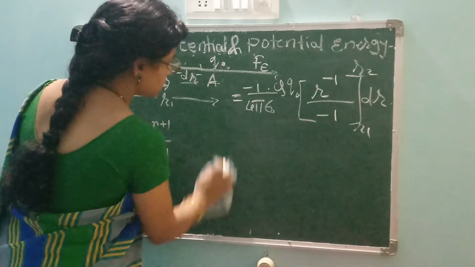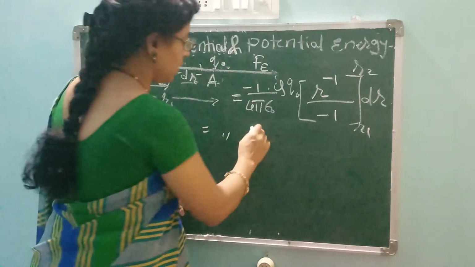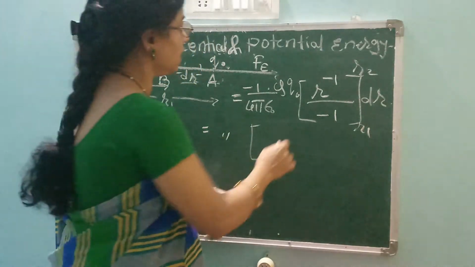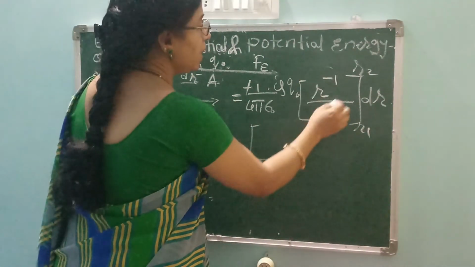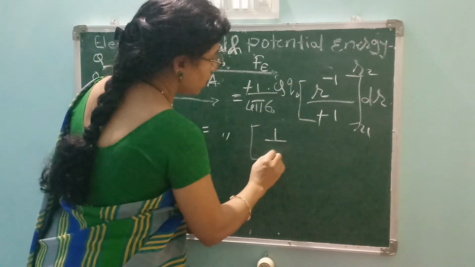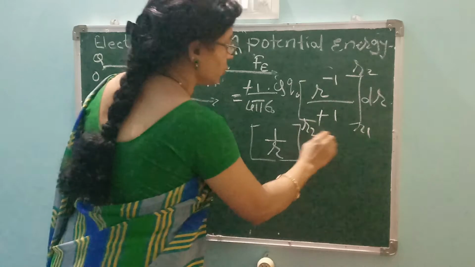I hope all you understand up till this. Next step again it will be the same. अब यहाँ पे हम लोग क्या कर रहे हैं, see minus minus it gets cancel, माइनस माइनस कैंसिल हो गया तुम्हारा. अब यही हम लोग लिख रहे हैं कैसे 1/r, again limit r1 to r2.